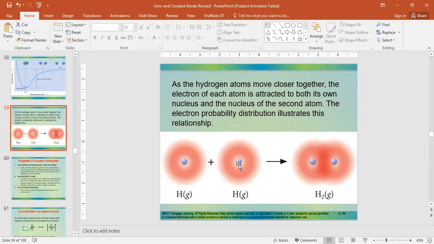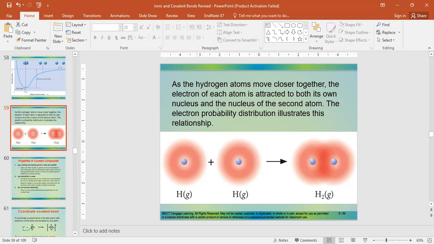And the same case applies to this. Number two, as they come closer to one another, you are actually trying to bring the two electrons of the two atoms together. So they will come close, but there is an extent to which they can't be closer anymore, because at some point there will be sufficient electron repulsion. That's why I'm saying they are competing forces.